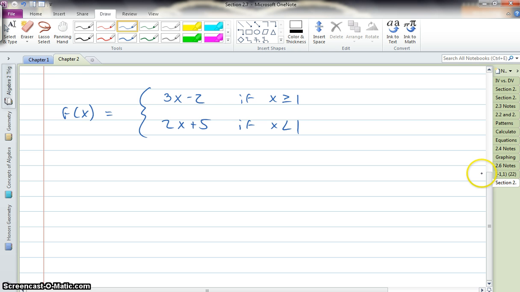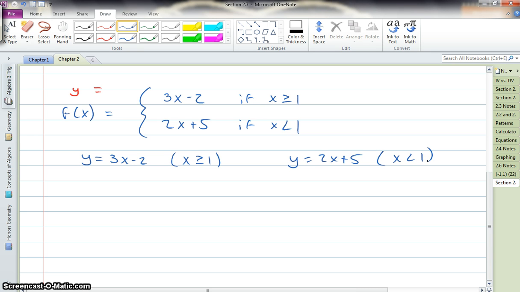Now, again, remember, f of x in function notation is y equals. So basically what we have is y equals 3x minus 2 when x is greater than or equal to 1, and y equals 2x plus 5 when x is less than 1.